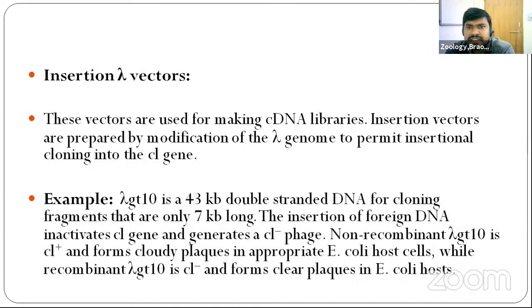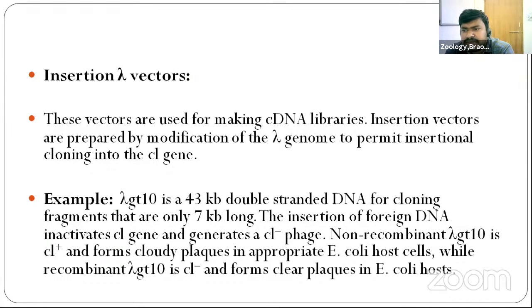And insertion lambda vectors. These vectors are used for making cDNA libraries, and insertion vectors are prepared by modification of the lambda genome to permit insertional cloning into the CI gene. For example, lambda gt10 is a 43 kilobase double-stranded DNA for cloning fragments that are only 7 kilobases long.